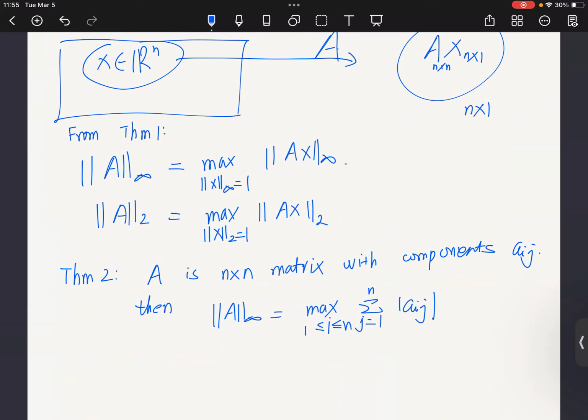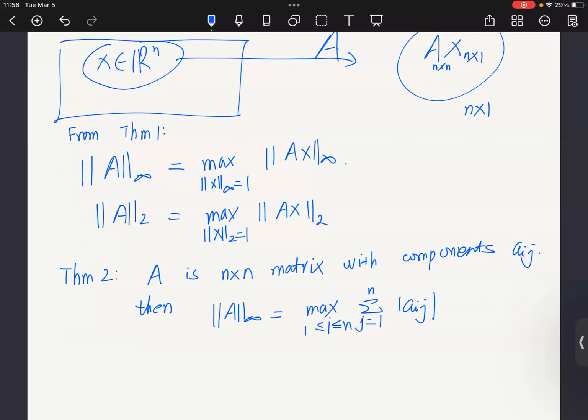So what does it mean? It's doing the sum over the j index, which means we take the sum of the absolute values of each row, and then take the maximum of these sums among all the rows. That's our A infinity norm.